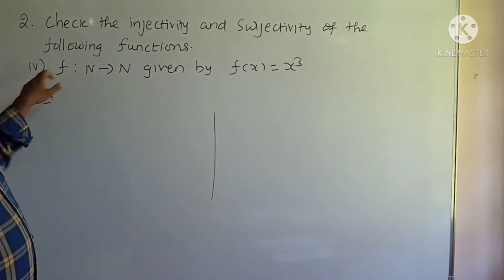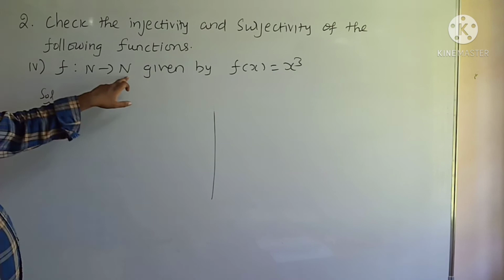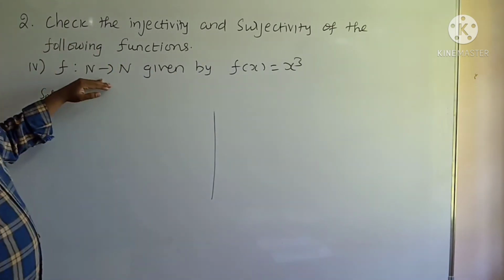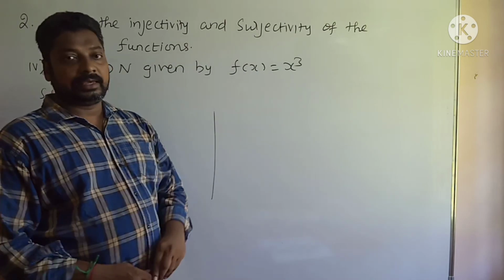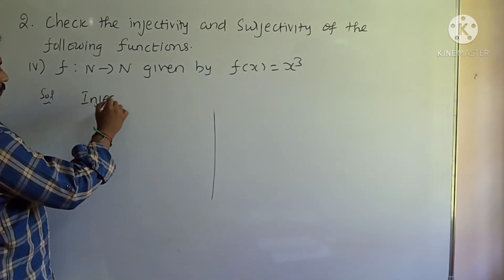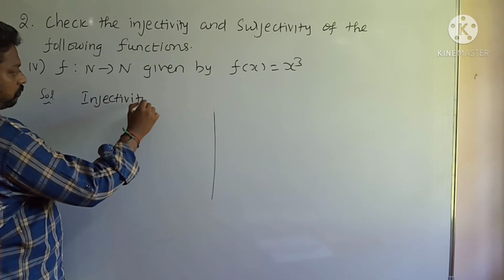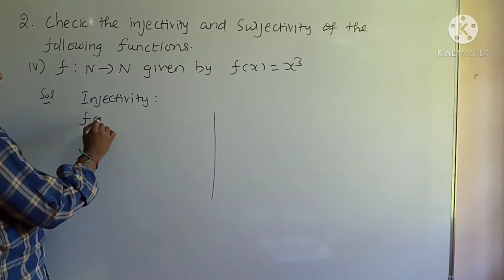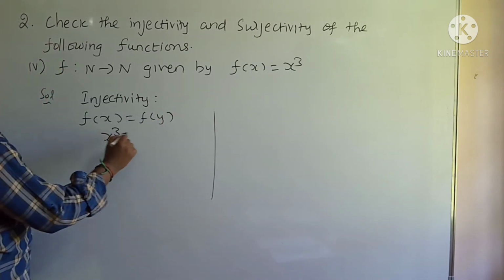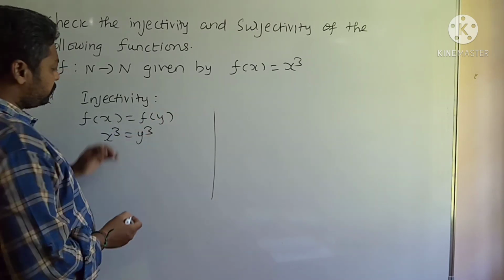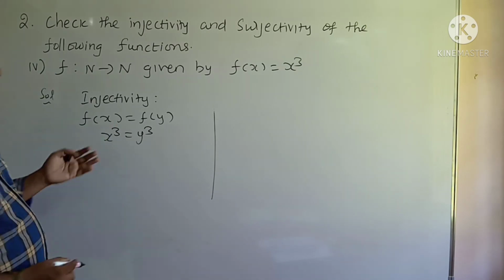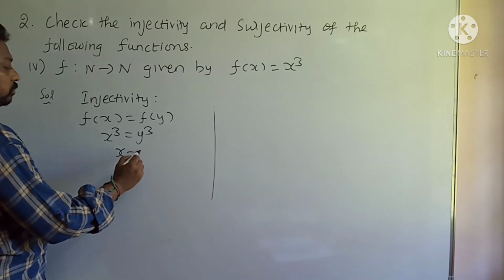In the fourth Roman, f is such that N tending to N given by f of x equal to x cube. So the domain is natural numbers and the function is x cube. We check for injective. If f of x equals f of y, then x cube equals y cube, so x and y must be the same. So we get x equal to y.